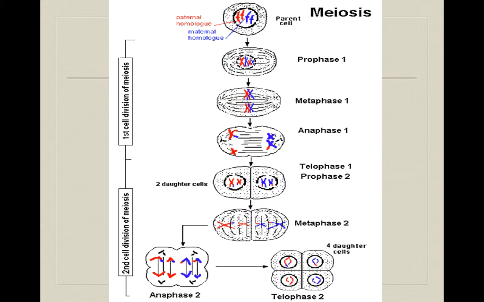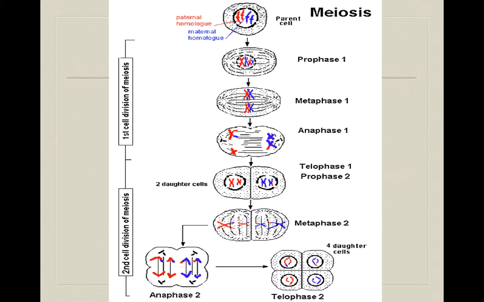Here's a diagram of what happens in meiosis. We have meiosis 1 at the very top, with our parent cell. Prophase is when we have our crossing over, and you can't really see that so much on the diagram, but if you zoom in, there's crossing over in prophase 1. In metaphase 1, all the chromosomes are lining up. Then you can see the crossing over that took place, where the red and the blues have switched.